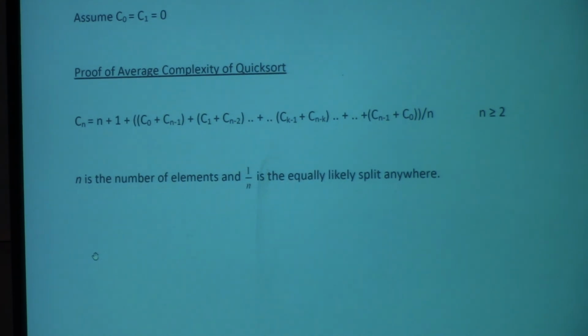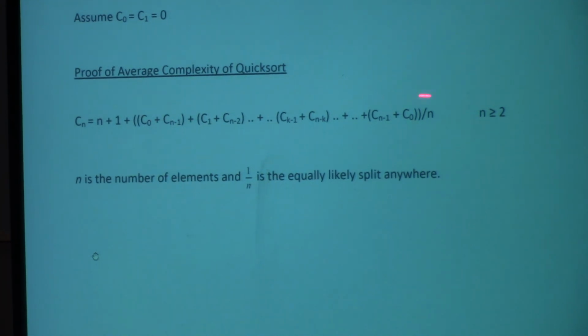We're saying this is going to equal the average number of comparisons with 0 elements plus the average of n minus 1 elements. So we're going to add those together. And then we're going to add to it the average with 1 element plus the average of n minus 2, plus the average of 2 with n minus 3, and so on and so forth. Eventually we're going to go to n minus 1 on the left and 0 on the right.